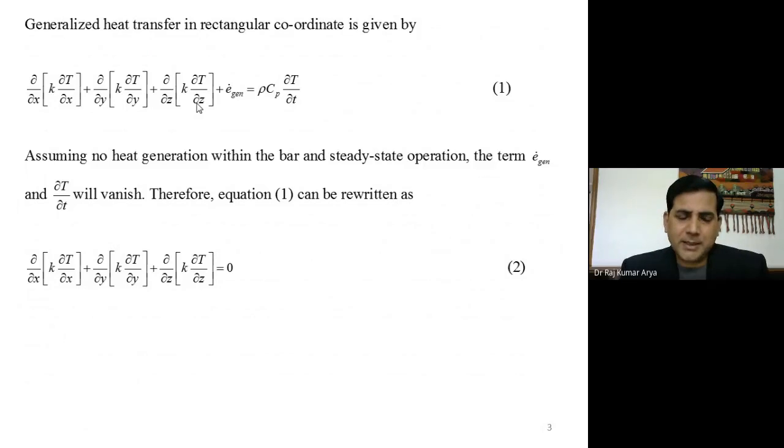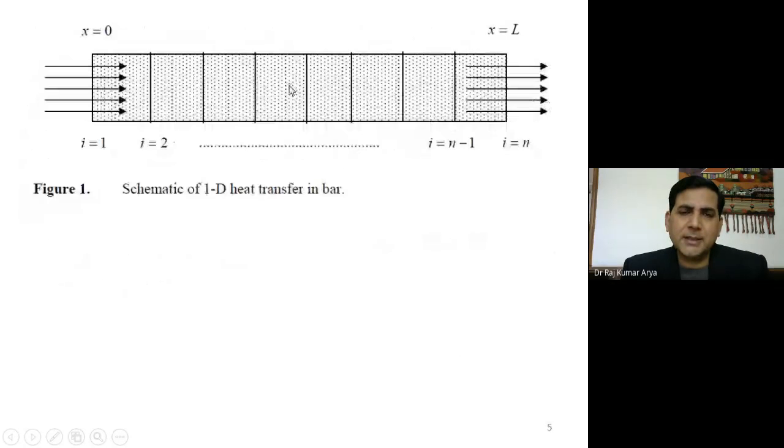At the same time, in this case, we are not considering any sort of generation of heat. It means we have not inserted any heater here or some chemical fuel from where heat is getting generated. So there is no heat generation within this entire material.